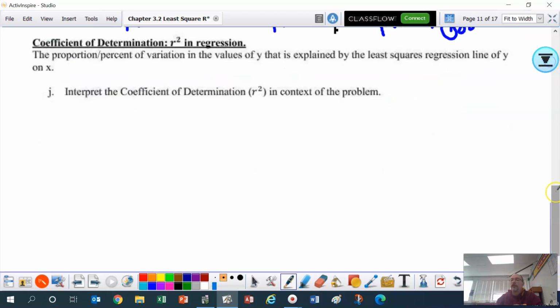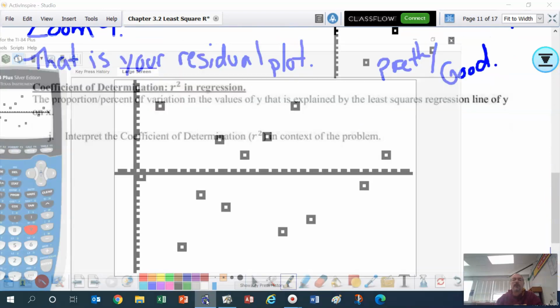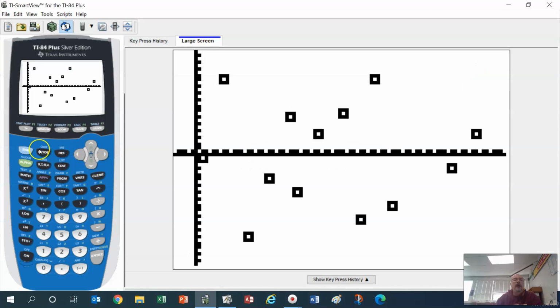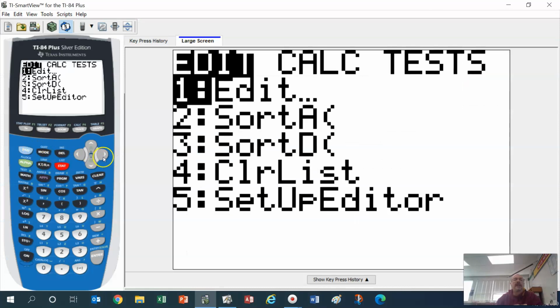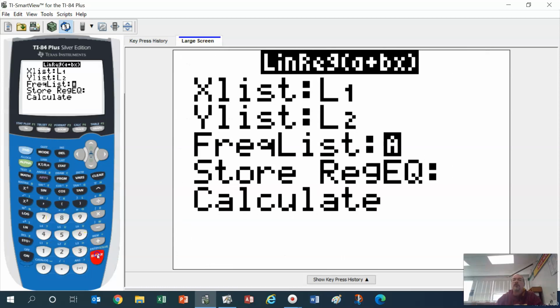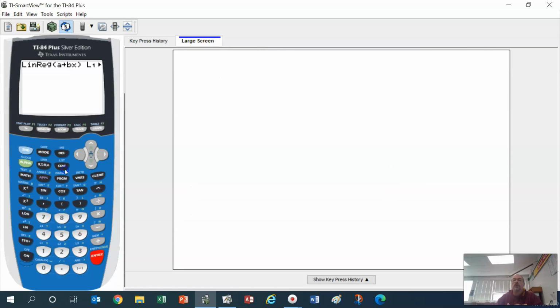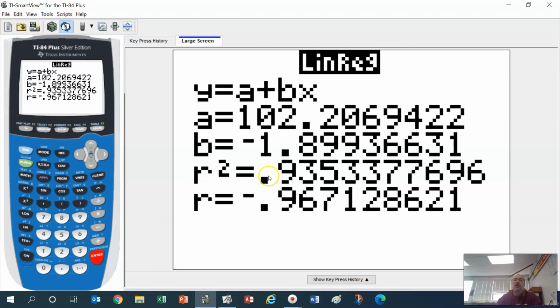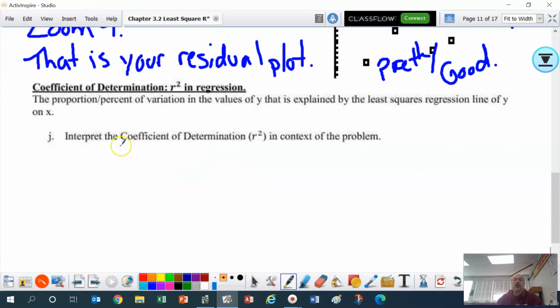Okay, now how about that R squared, Mr. Ellering? I mentioned the R squared, so remember, I'm going to go ahead and do my stat calculate, number 8 again, and if you recall, list 1, list 2, there's an R squared there. That again is called the coefficient of determination.